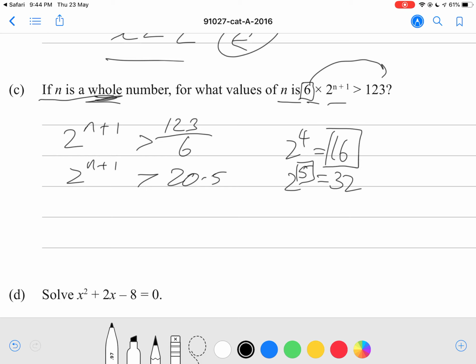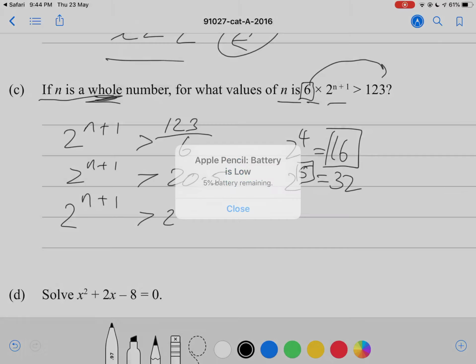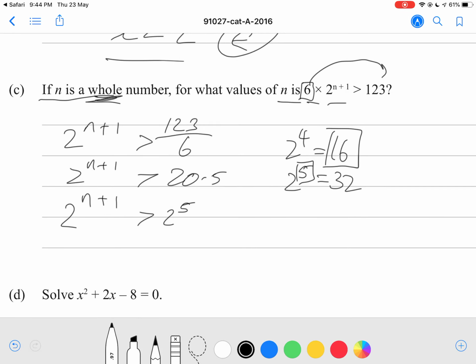So basically, we're going to say that 2 to the power of n plus 1 is greater than 2 to the power of 5, okay? So now n plus 1 is greater than 5, so n has to be greater than 4.